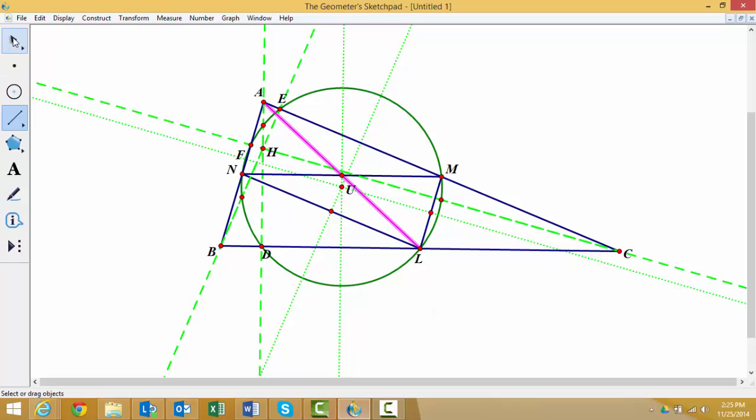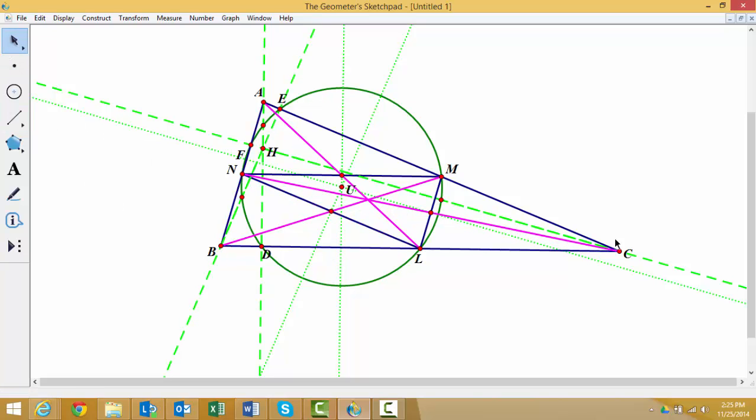So now you see that AL is a median. Similarly, I'm going to construct median BM, and similarly the median CN.